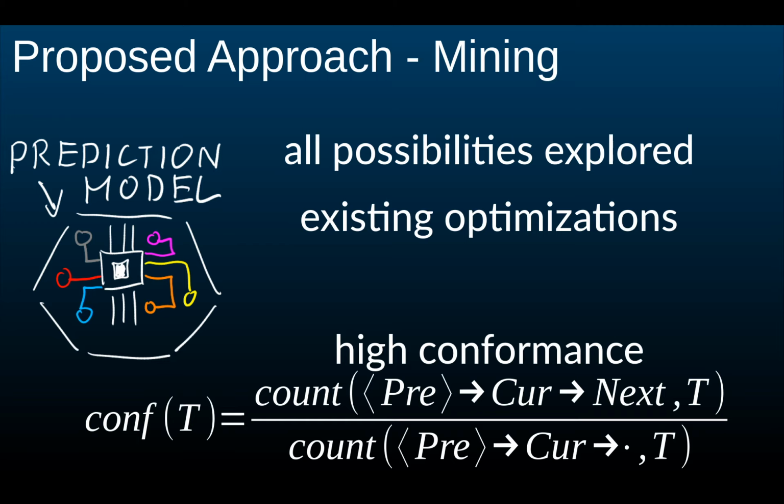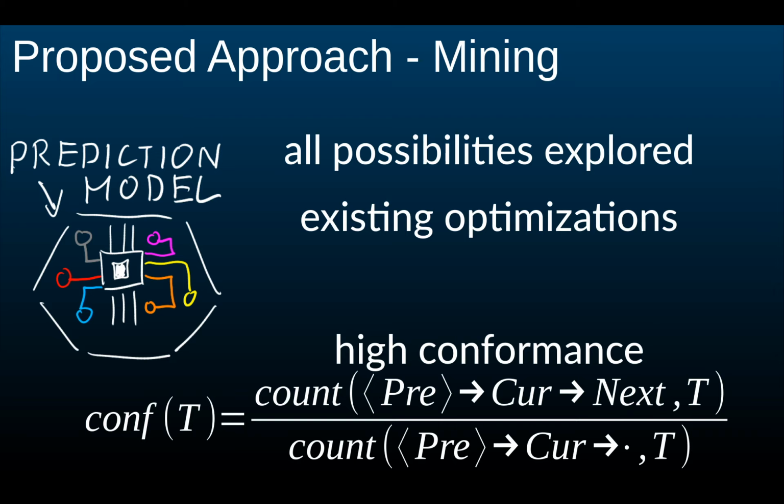While predicting, or also while mining and creating our prediction model, we separate between relevant global behavior patterns and non-relevant ones by utilizing rule conformance. Basically analyzing how frequently an identified global behavior pattern correlates with some future behavior. The more, the better.